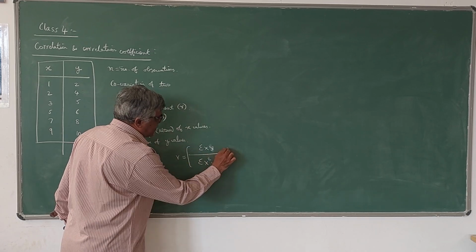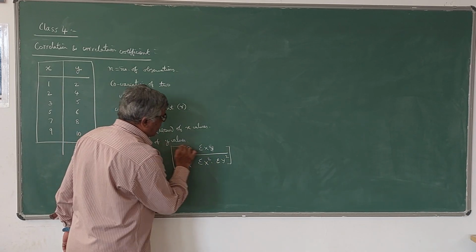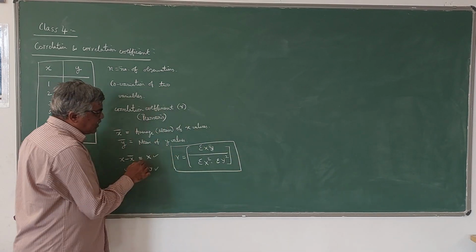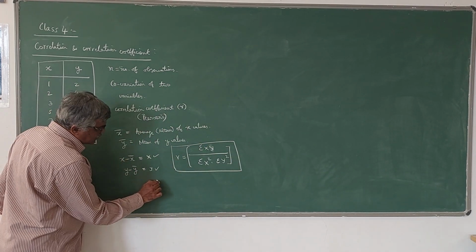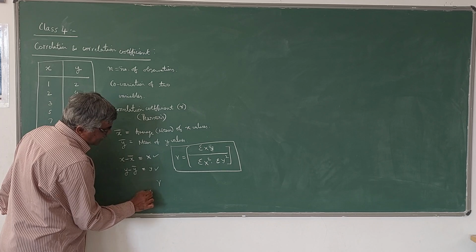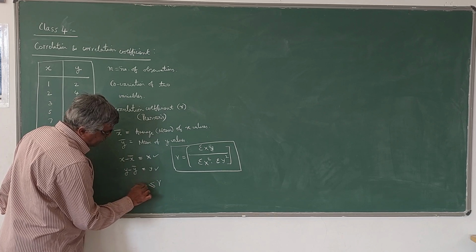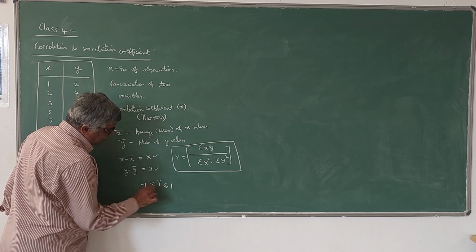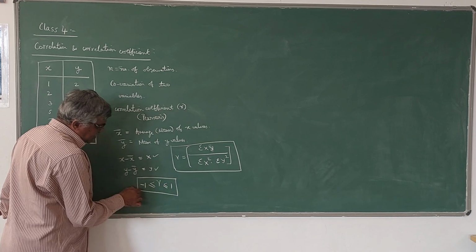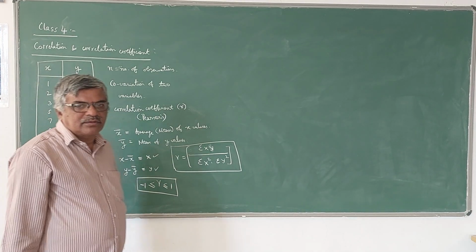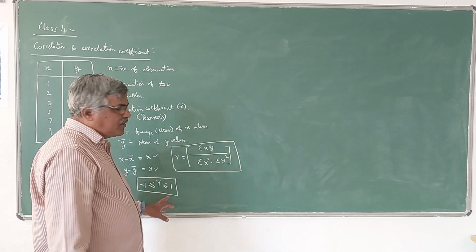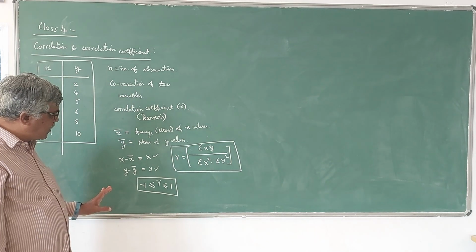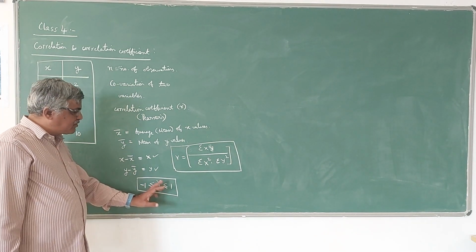So this is how we can calculate the correlation coefficient. One thing is important. This r value will be between minus 1 and plus 1. So the minimum value of r is minus 1 and the maximum value is plus 1. So the value of r lies between minus 1 and plus 1.